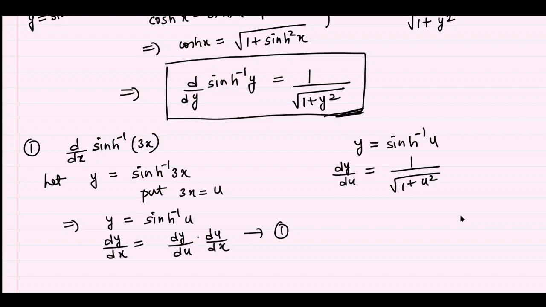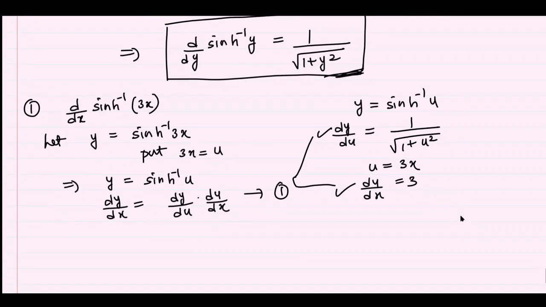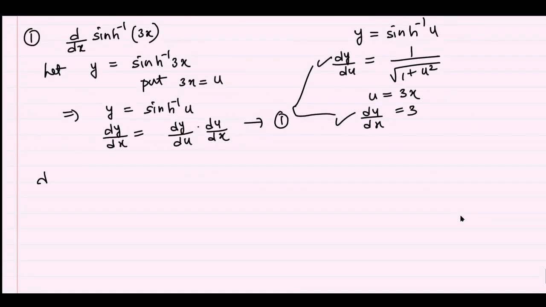Next we find du by dx. We have u equal to 3x, so du by dx is equal to 3. Substituting both results in equation number 1, dy by dx equals 1 by root of 1 plus u square into 3.